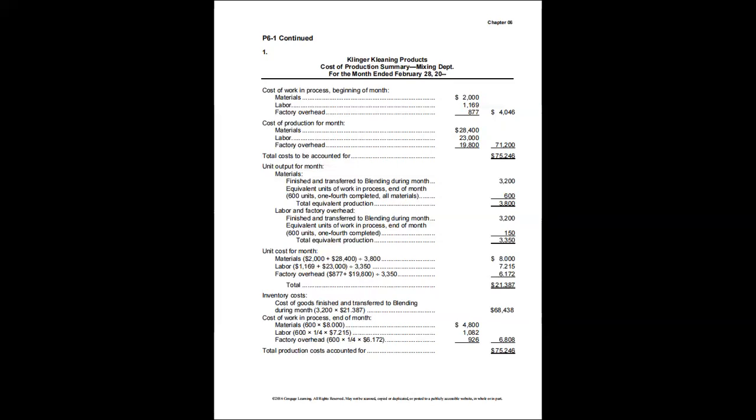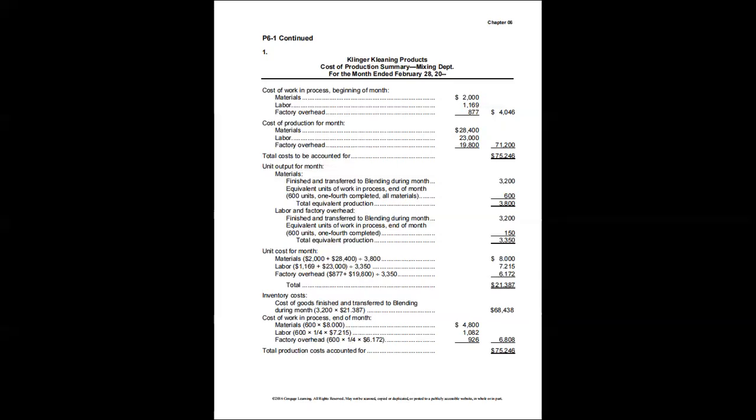equivalent units for the labor and factory overhead. 600 units times 1/4 equals 150. The equivalent production is 3,350. For the unit cost, we have now, we add the material unit cost beginning, then we add the cost of production for the month.